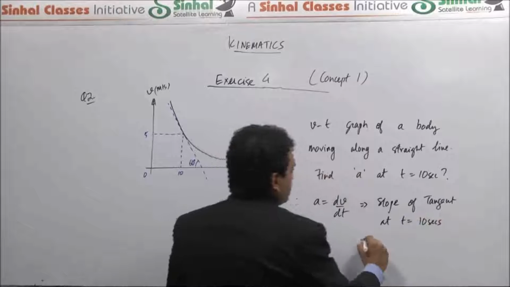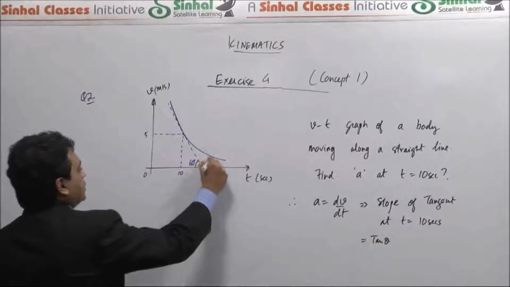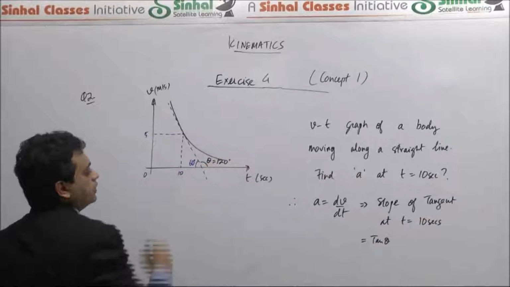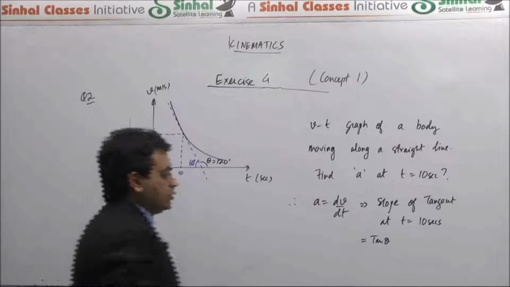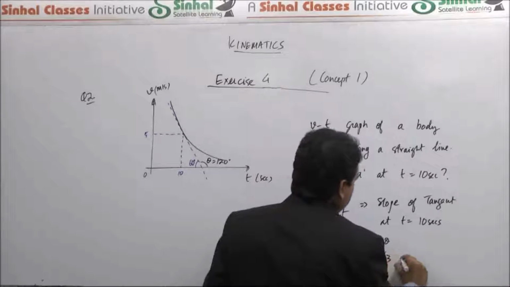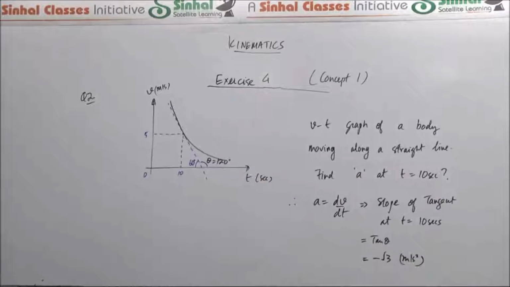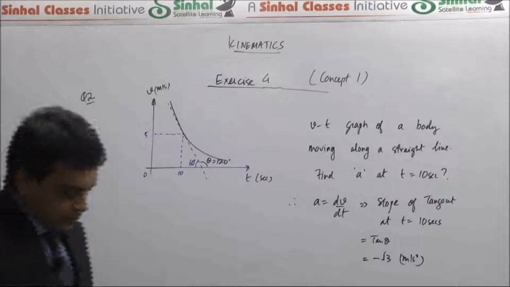So that would be tan theta. Here you can see theta is this angle, so that's 120 degrees. So tan of 120, as you know, will give us minus root 3. So that becomes the solution to this.